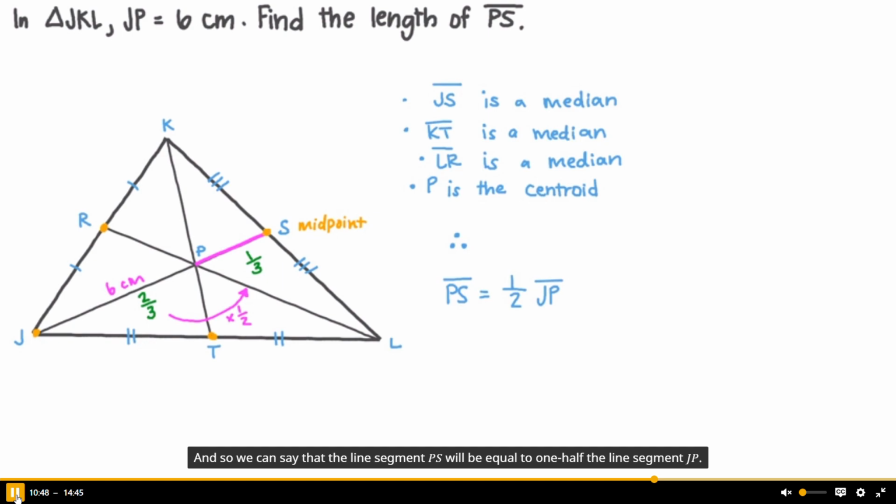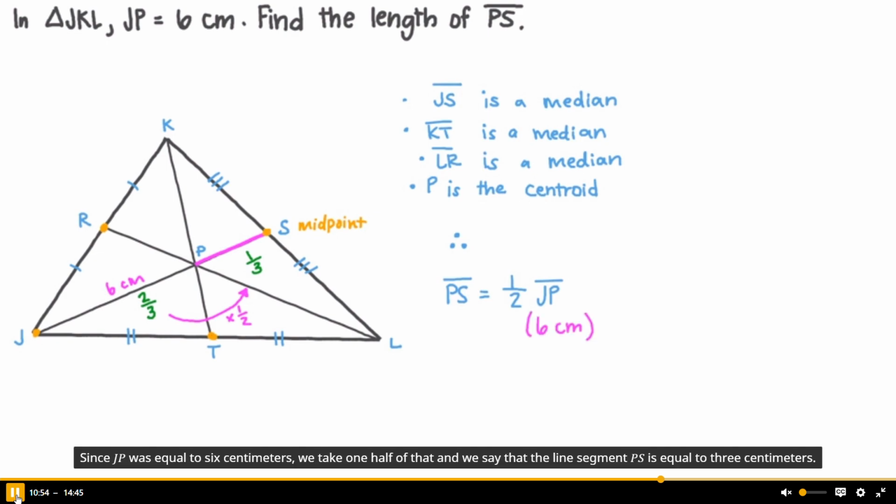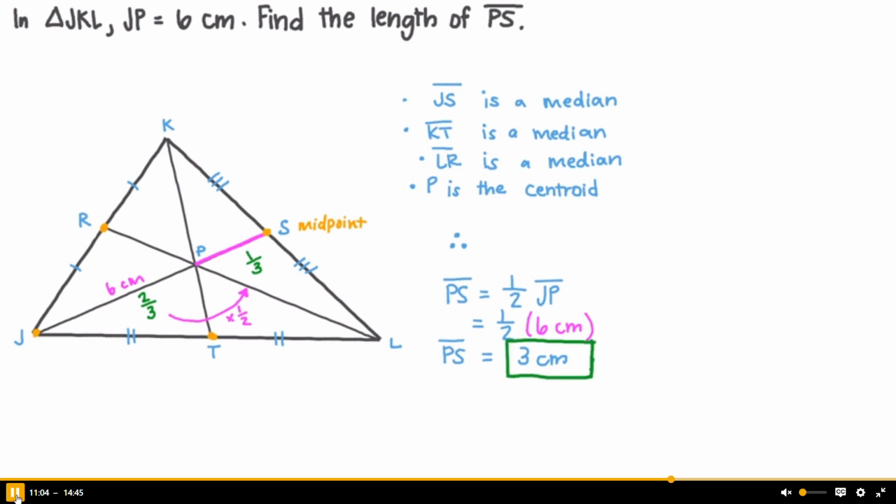And so we can say that the line segment PS will be equal to 1/2 the line segment JP. Since JP was equal to 6 centimeters, we take 1/2 of that, and we say that the line segment PS is equal to 3 centimeters.